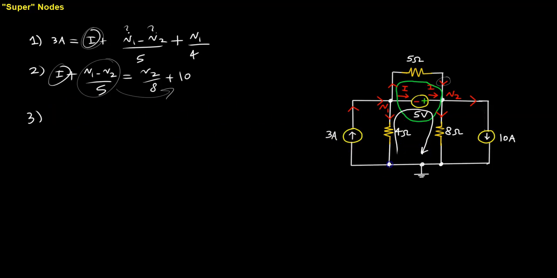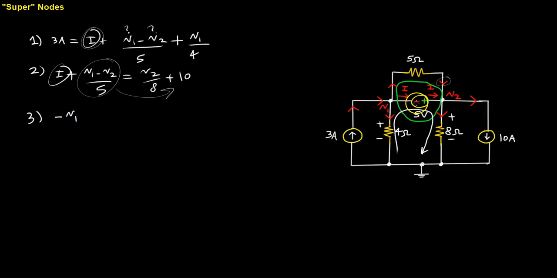I'm going to start at ground, go up. I'm going to see that the current's flowing from top to bottom on the 4 ohm resistor, so I assign this polarity plus minus. Before we go any further, let's just do that for this one too. So we're going to start from ground, which is 0 volts. I'm going to go up and see a negative sign, so a negative potential, and that's going to be a negative V1.